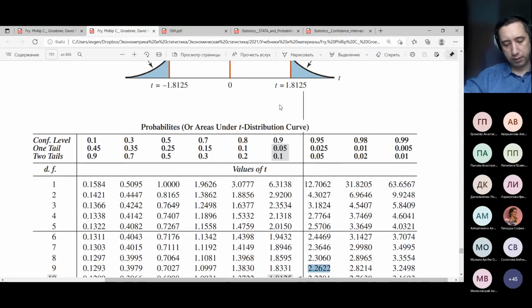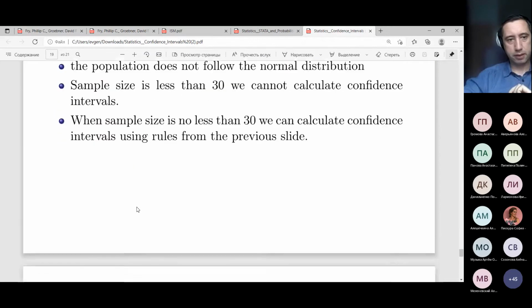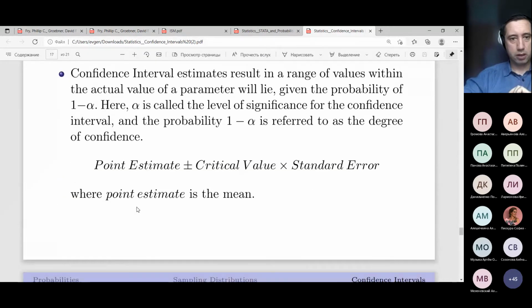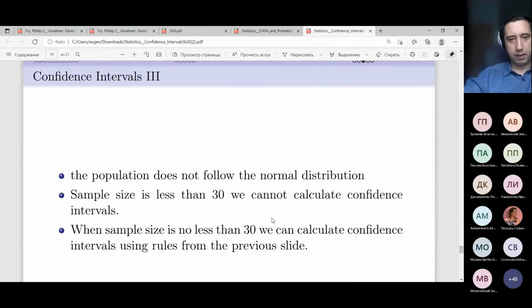What should we do with such a number? Well, we should apply a simple formula. We should put this number here. Next, we should calculate the standard error and the point estimate. Once we have all of these three numbers, we should find the difference between the average and this element, or add these two numbers.